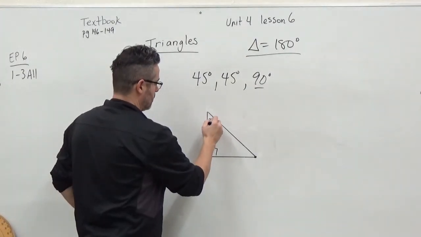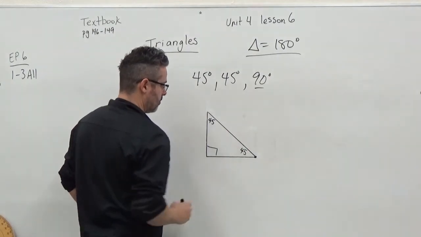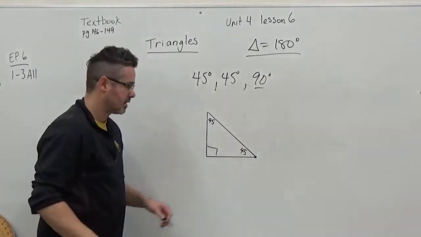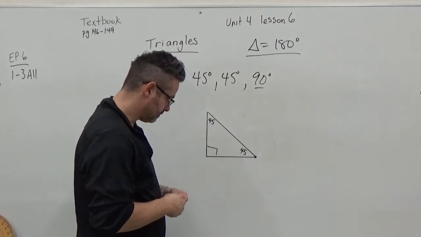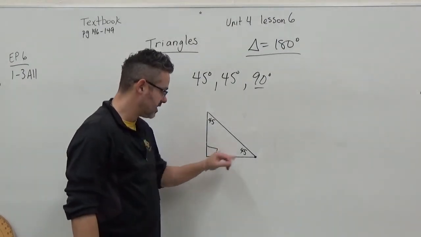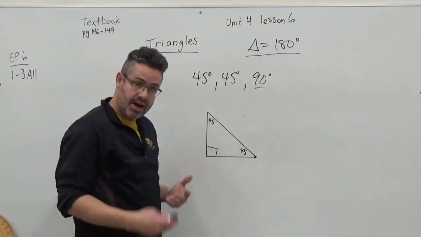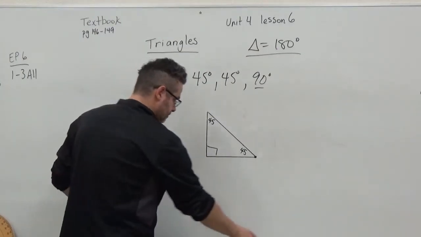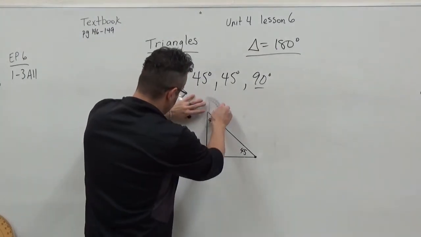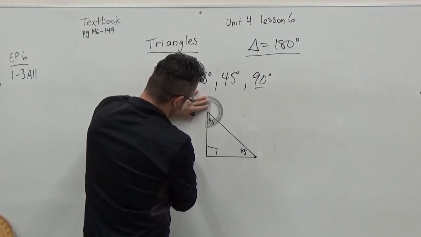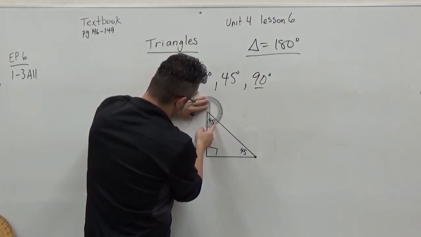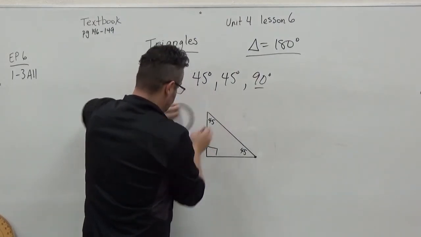And now we should have two 45s. Because this one is 45, and we know that if this is 90 and this is 45, well, this one has to be 45 because it adds up. I can double check it. Say, yep, 45.